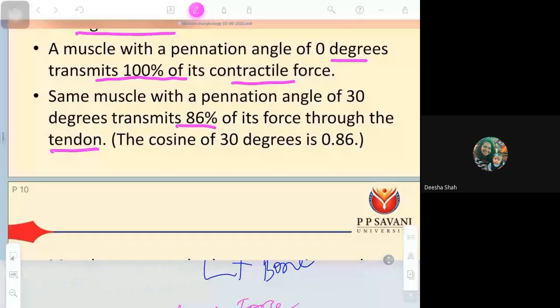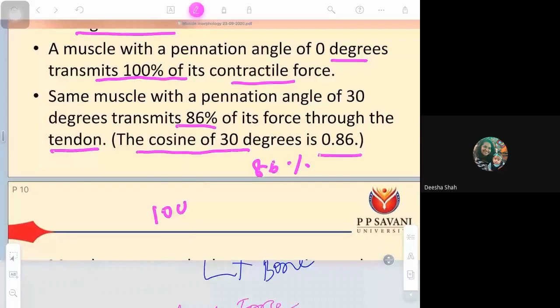Yes, the muscle is generating 100% of the force, but only 86% of the force is transmitted to the tendon, because the cos of 30 is 0.86. That is 86% of the force. Even though the muscle is generating 100% of force, only 86% is transmitted to the tendon and to the bone.